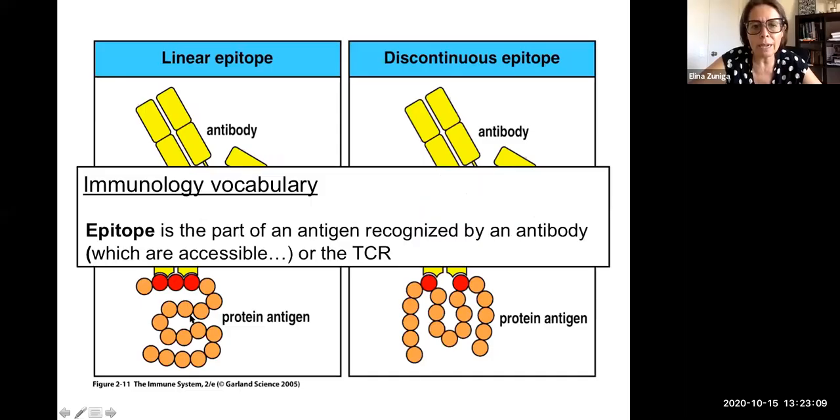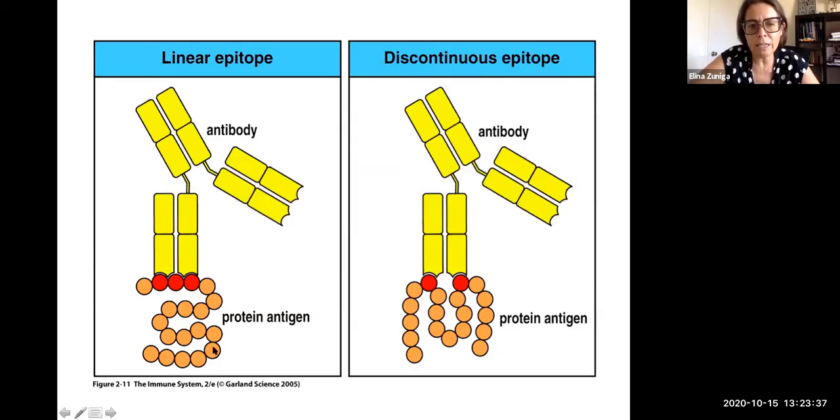However, this epitope, which is the part of the antigen that is recognized by the antibody, needs to be accessible. The same thing is true for the TCR, okay? The epitope for the TCR is the part of the antigen that is being recognized by the TCR. So now, in the case of the antibody, because they recognize the antigen in their native form, this part needs to be accessible.